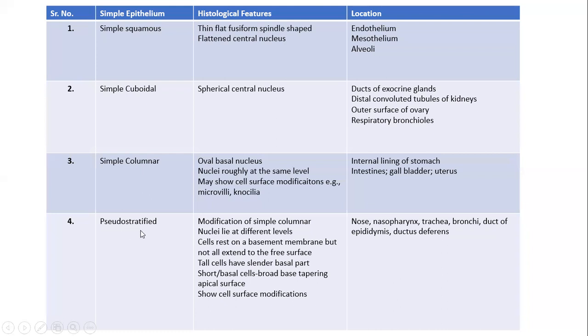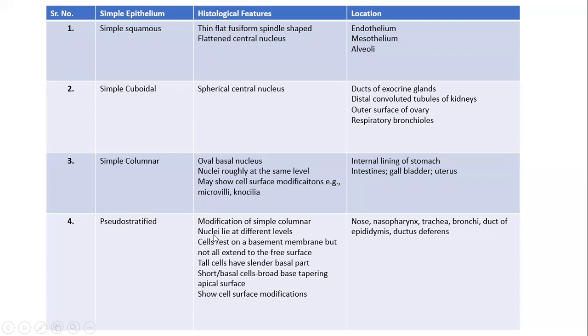Why? Well, number one, the nuclei lie at different levels. Why do they lie at different levels? When you see this pseudostratified epithelium under the microscope, you will see a single layer of cells with their nuclei lying at different levels.